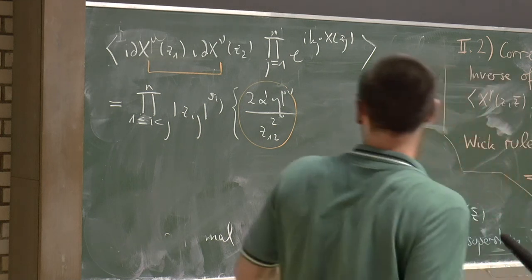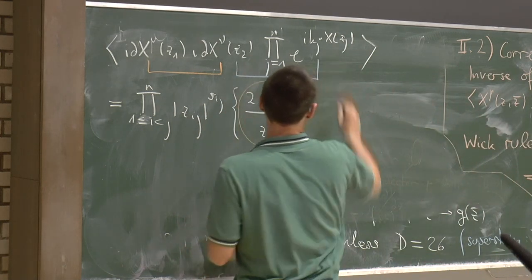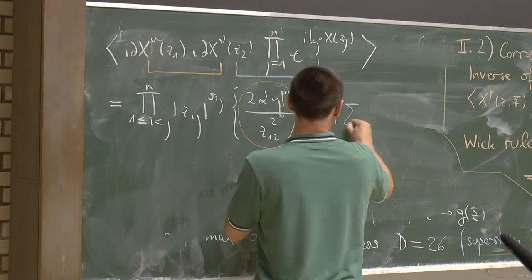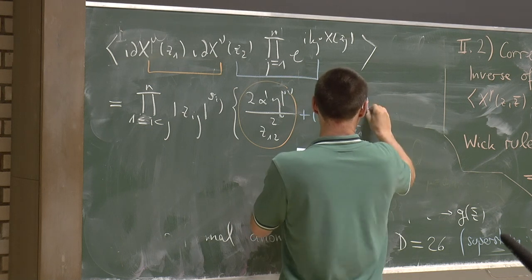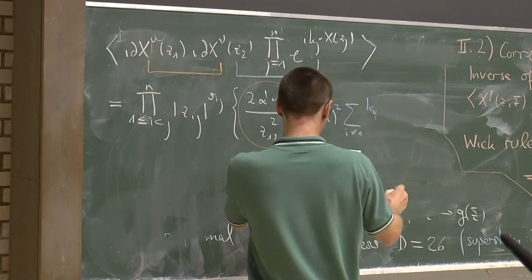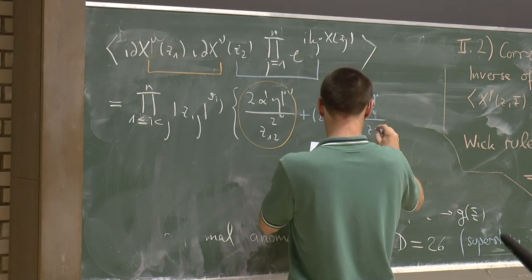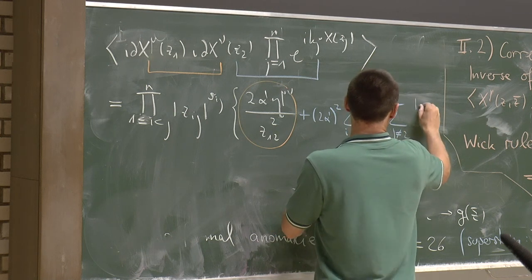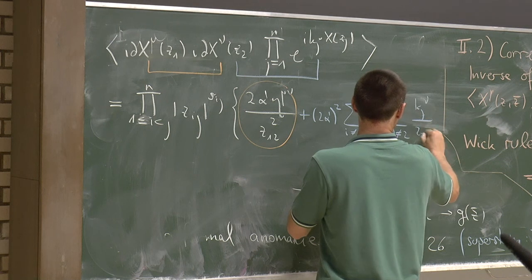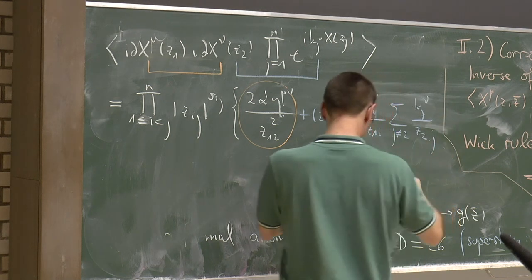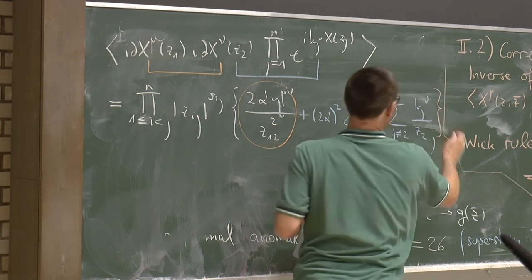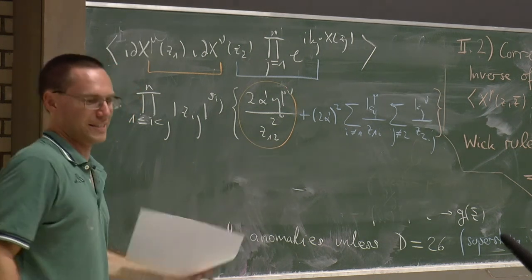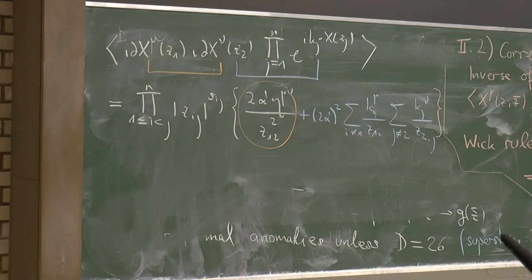And there's a second class of terms when the dX Wick contracts with a plane wave. And this has more alpha primes in it. So this will pull down the momentum on the plane waves. So this gives rise to these kinds of terms. So the exercise is to derive them.